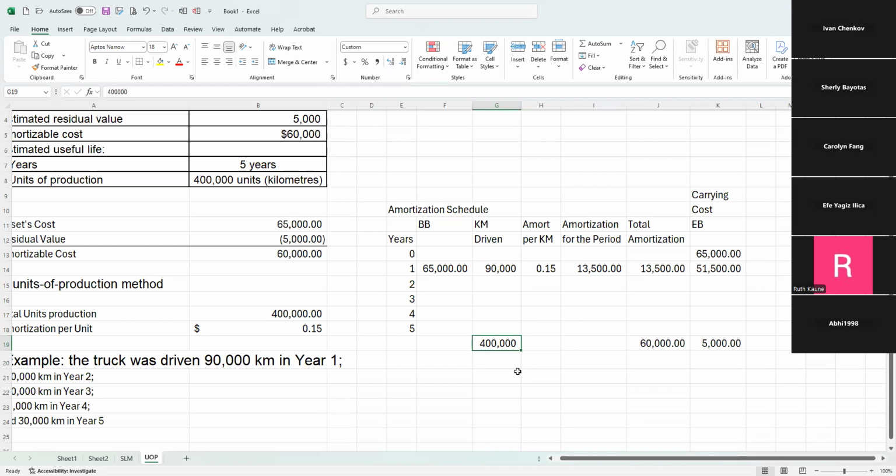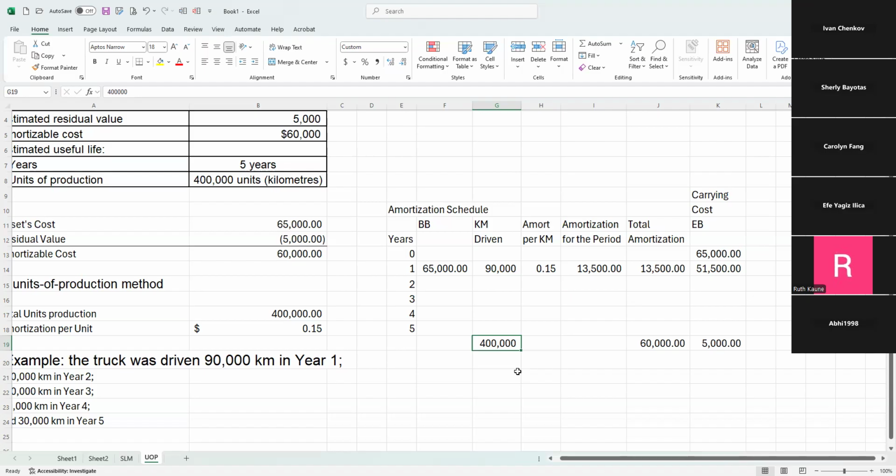I mean, listen again. Can I drive the truck more than 400,000 kilometers? Yes, Joanna, the answer is yes. That's why you should go with accounting. But that's not the point.